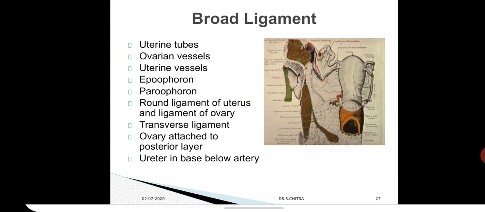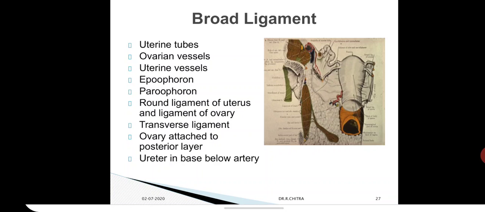Mesonephric duct gives rise to the duct system of the male reproductive system, but it is vestigial, or only its remnants are present in the broad ligament, that is called the duct of Gartner.